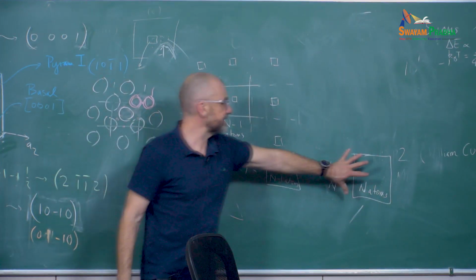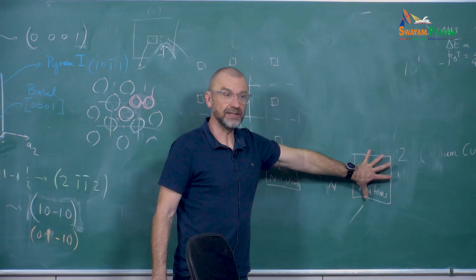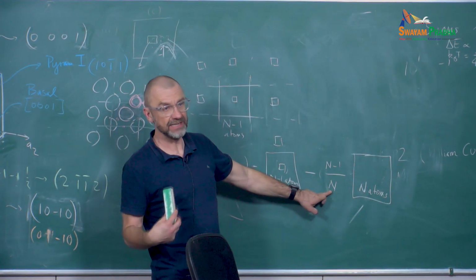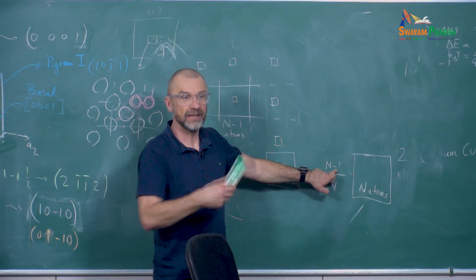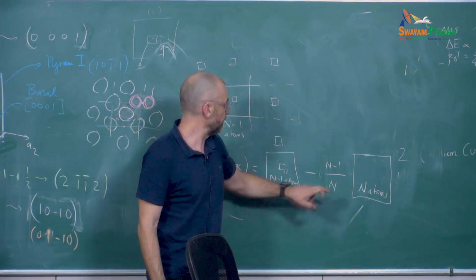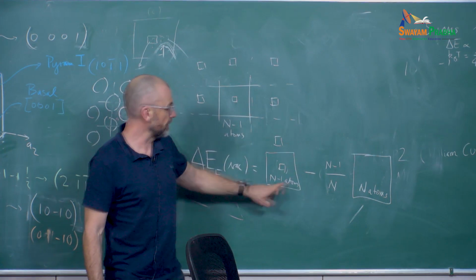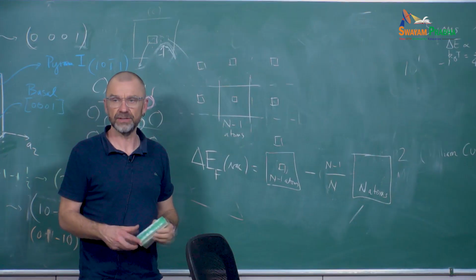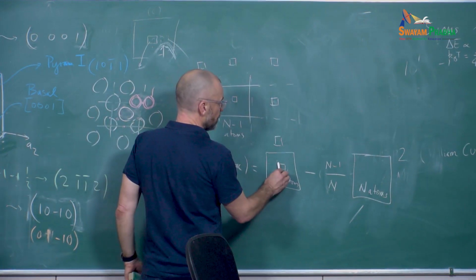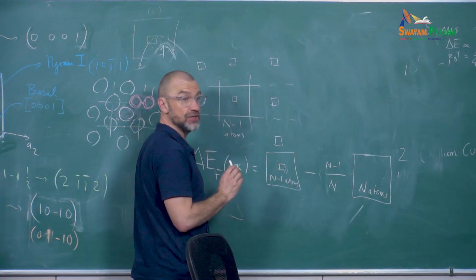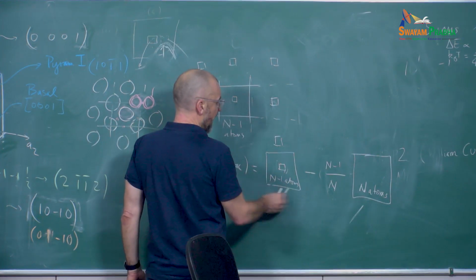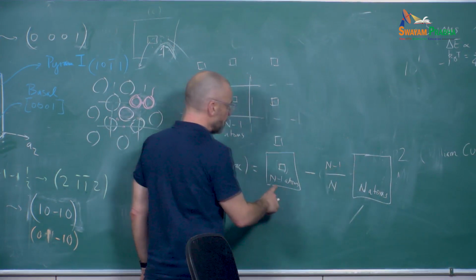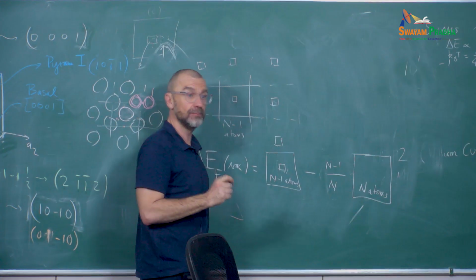If you take that cell, you minimize it, you have the total energy, you divide by n, that's the cohesive energy, you multiply by n minus 1, that's the cohesive energy of n minus 1 atoms, and then minus the energy with also n minus 1 atoms, and then you get the vacancy formation energy. Yeah, so what you want to know is the difference in energy between n minus 1 atoms with a periodic cell and the energy of the same n minus 1 atoms, but in a perfect crystal.